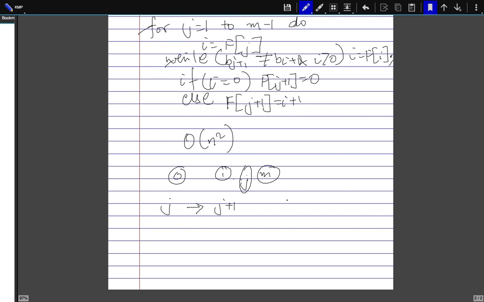To understand this, let's take our original string. So we have the original string, say a1 till as plus 1, and we found a matching pattern somewhere from b1 to bj, where as plus 1 equals to bj plus 1.